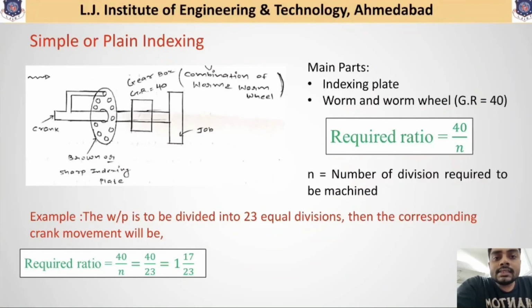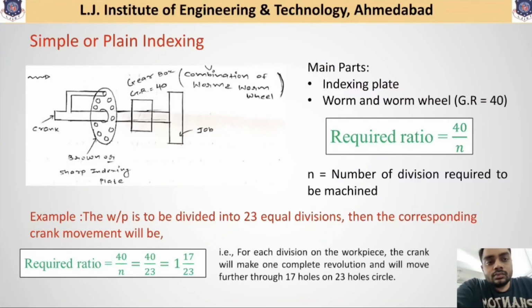To generate 23 equal divisions on the workpiece, for one equal division one complete revolution needs to be given to the crank, and after that, 17 holes to be moved on the 23 holes indexing plate. So for this example, for each division on the workpiece, the crank will make one complete revolution and will move further through 17 holes on the 23 holes circle. This is the one movement that is required.